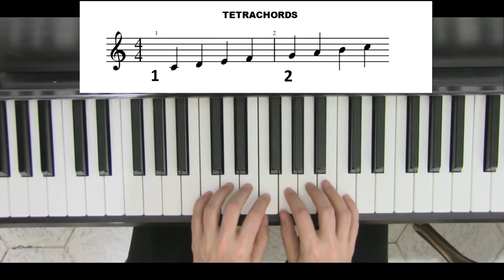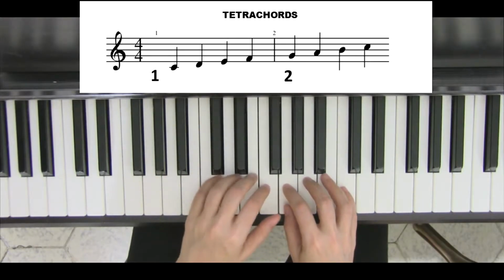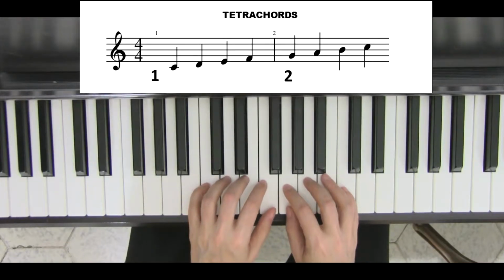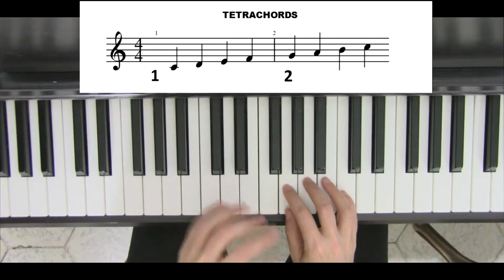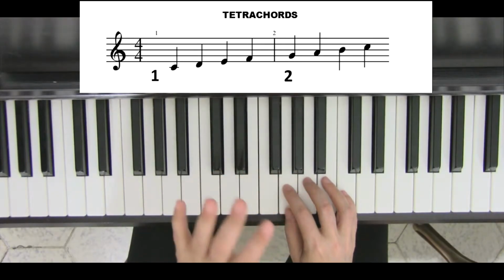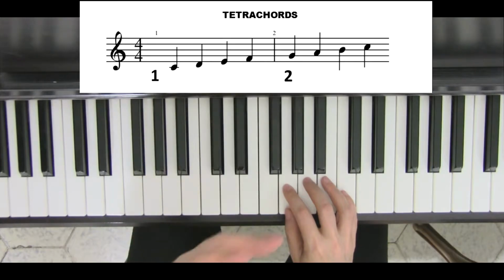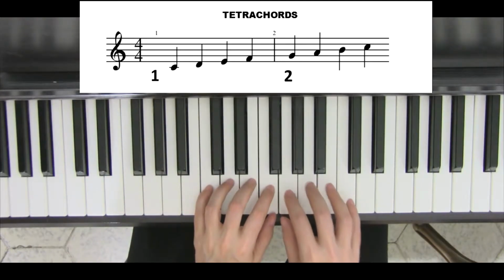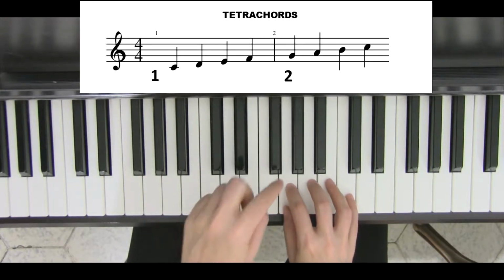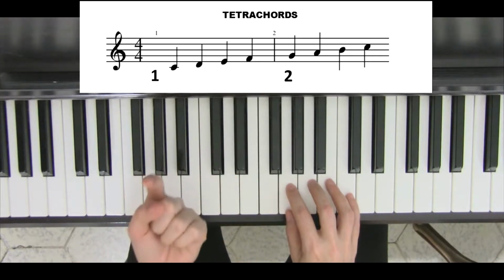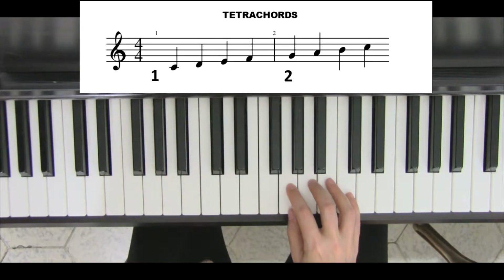Well, if I follow the circle of fifths, I am going to get the next major scale, and as a consequence, this is going to be the first accidental that is going to appear on the staff at the key signature. So I am going to take the second tetrachord, which begins with G, and this is going to become the first tetrachord of the next scale.